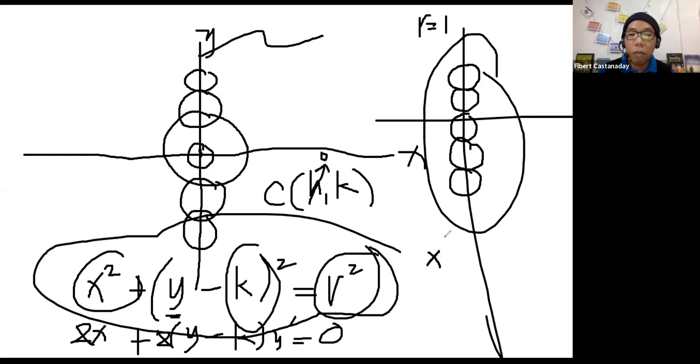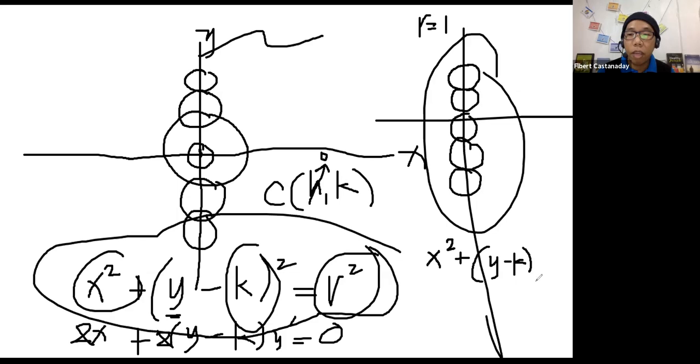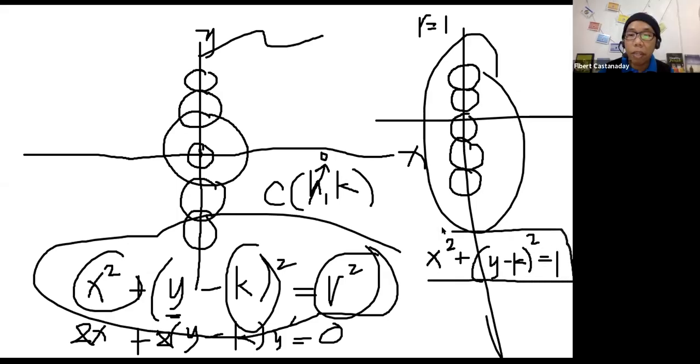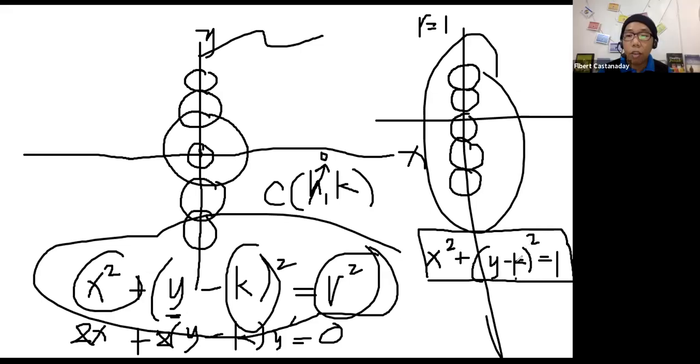Sige, sir. x squared plus (y minus k) squared. K kasi hindi naman fix yung k mo, di ba? Yung fixed lang dyan is radius, di ba? Yes, sir. 1 squared or 1. So yan na. Ano ibig sabihin nito? Ilang parameters dito? Isa lang, sir. Yun yung value ni k.